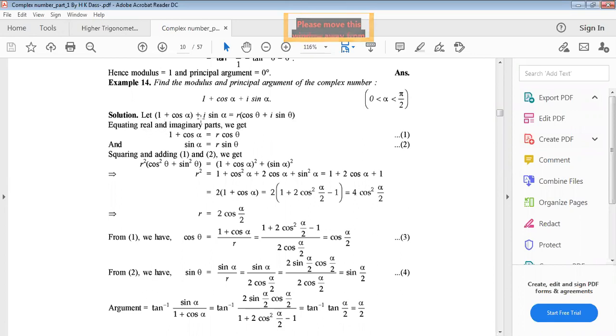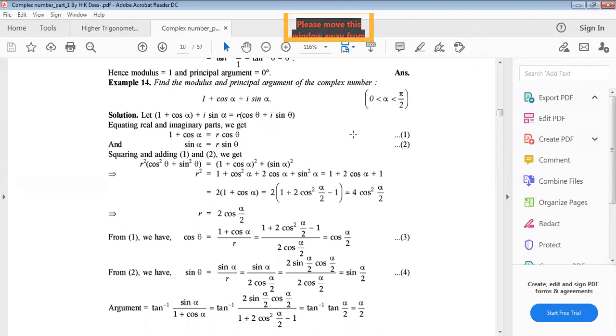Equating real and imaginary parts on both sides, the real part on the left is 1 plus cos alpha and on the right is r cos theta, and the imaginary part is sin alpha on the left and r sin theta on the right. These are equation 1 and equation 2.